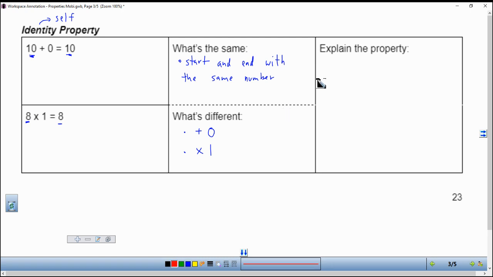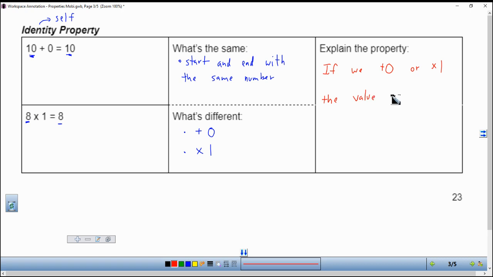So let's explain the property. We'll say if we add 0 or multiply by 1, the value of the number doesn't change.